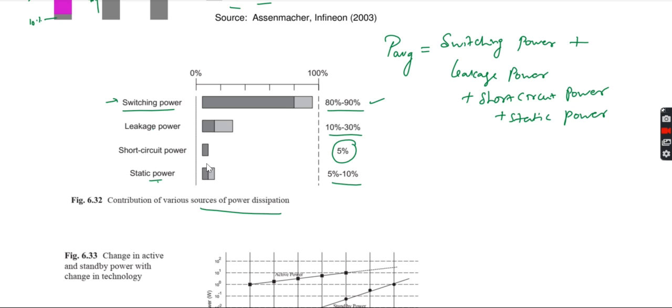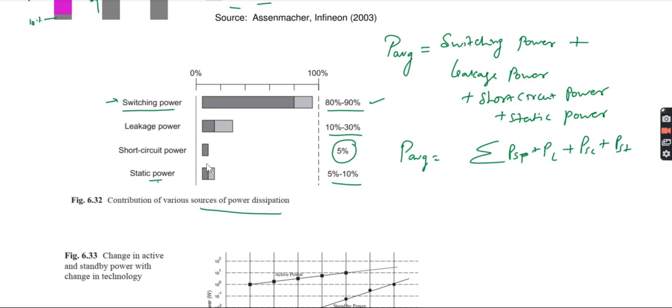As we know the formula, we can write the summation of the switching power dissipation, the leakage power, the short circuit power, and the static power.